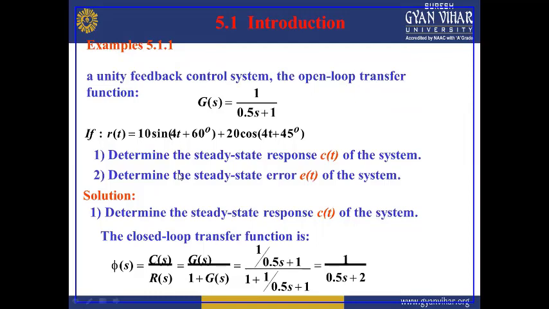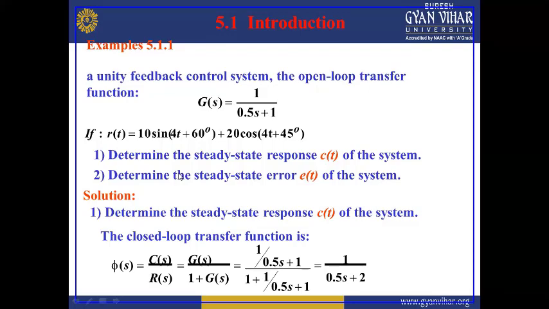If the input is the sinusoidal input, that is 10 sine of (4t plus 60 degrees) plus 20 cos of (4t plus 45 degrees), we have been asked to determine the steady state response c(t) of the system and the steady state error of the system.